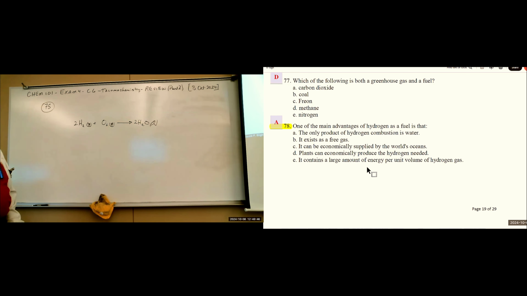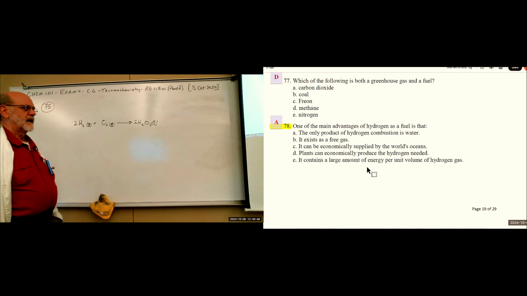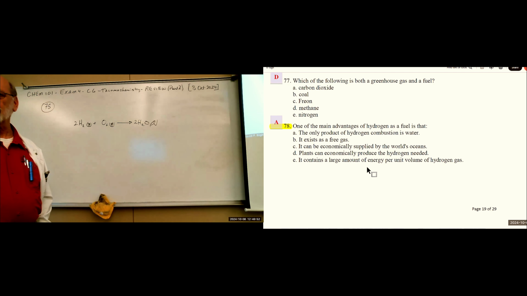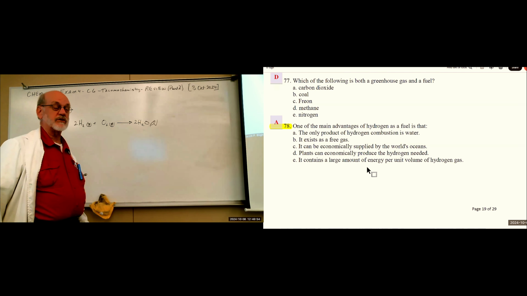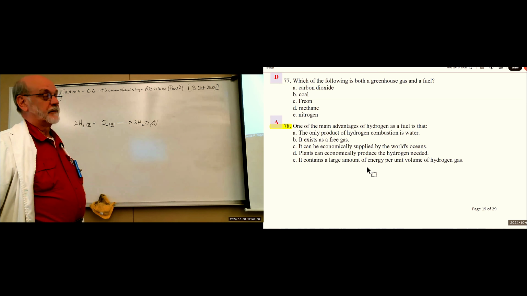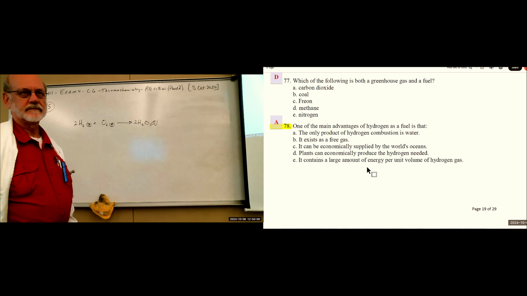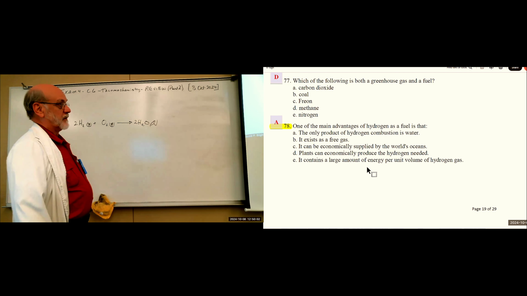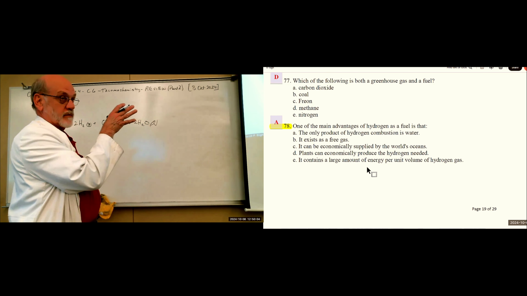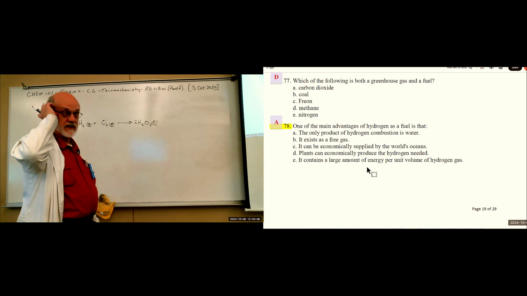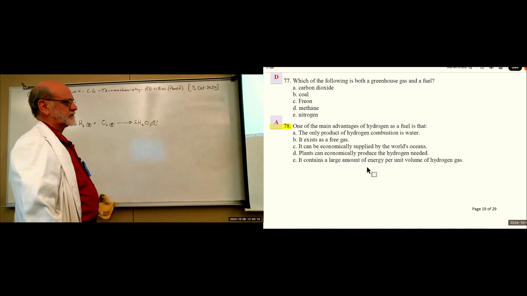We didn't cover that actually. There are other fuels that are more energy dense than hydrogen, just like kerosene, for instance. So when you're talking about unit volume of gas, kerosene is more energy dense because it's a liquid.